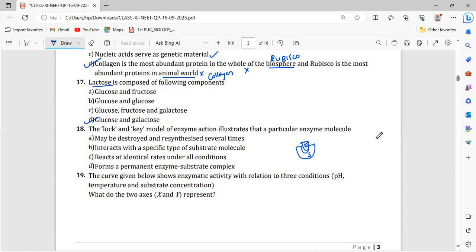That means the interaction is specific. The specificity between enzyme and substrate is explained by the lock and key model. So option B says that it interacts with a specific type of substrate molecule. That is the answer.